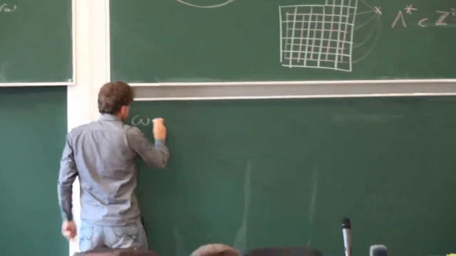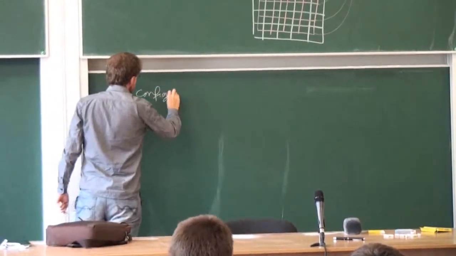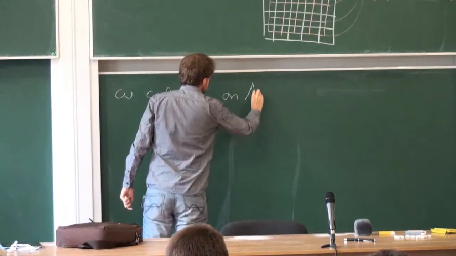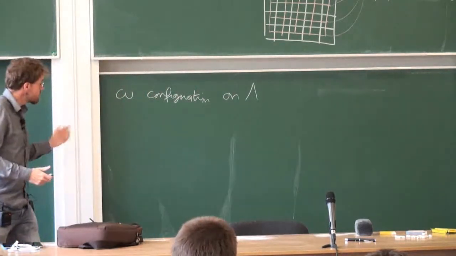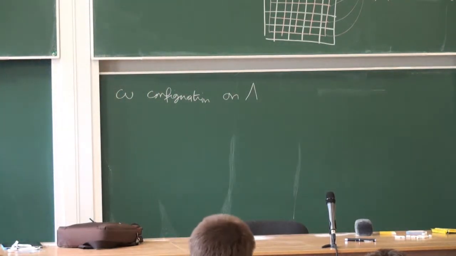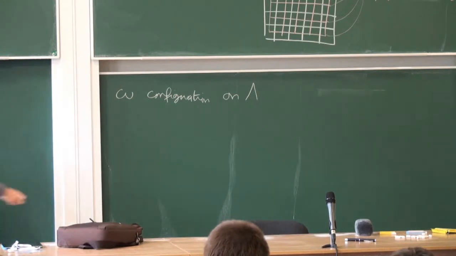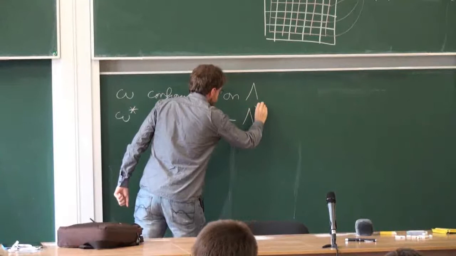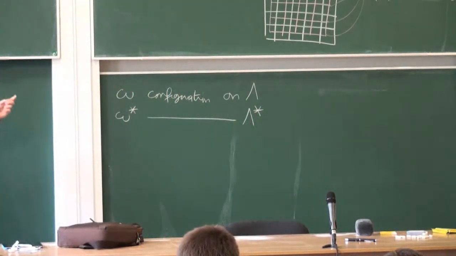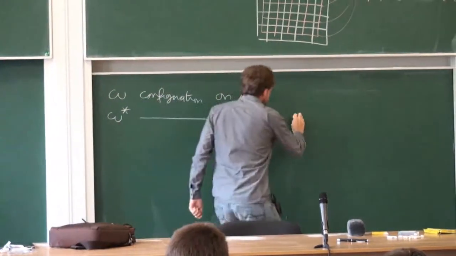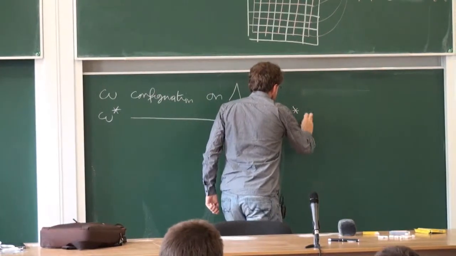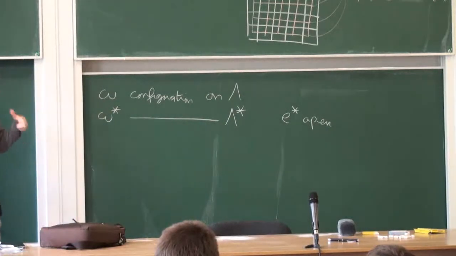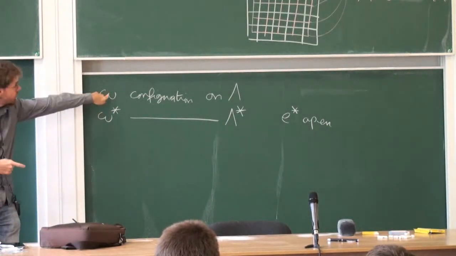So if omega is a configuration, so it lives on lambda, which is a graph, what we'll do is we'll construct a dual configuration, omega star, which will be a configuration on lambda star, by saying that E star is open in the configuration omega star if and only if its corresponding bond in omega is closed.